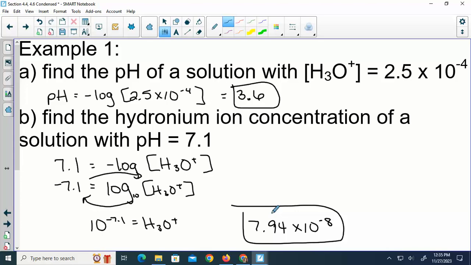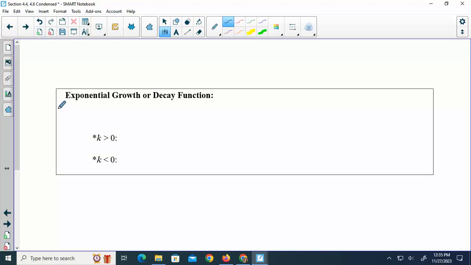Another place where we see these logs is with exponential growth and decay. With that, the function A of t, meaning the amount at a given time, is your beginning amount times e to the kt power.